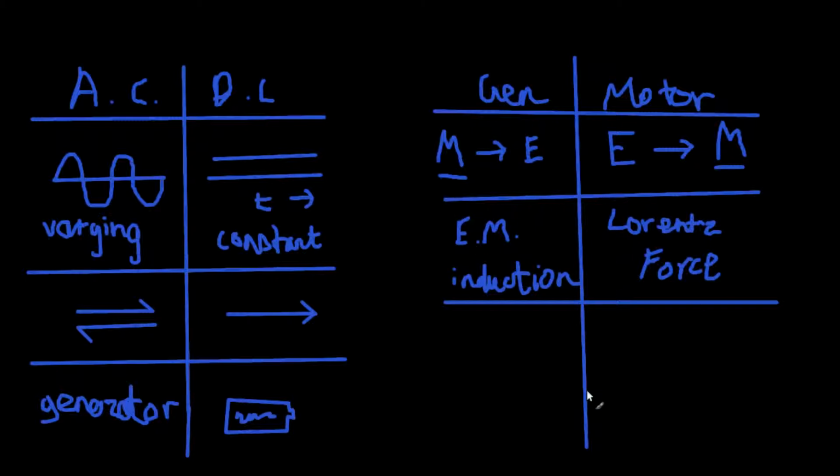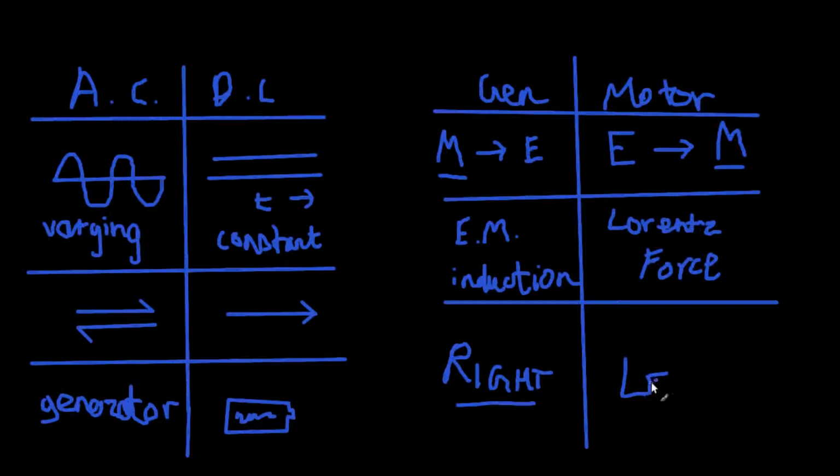And another thing, it's not exactly a difference, but I think it's something you should remember. Remember that when you're talking about the generator, we take the right hand rule. Fleming's right hand rule comes into play. Over here, it's the left hand rule.